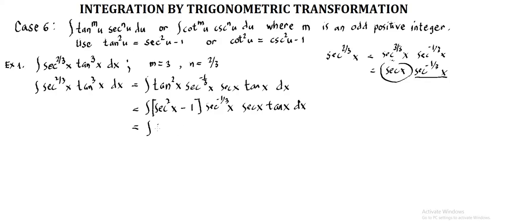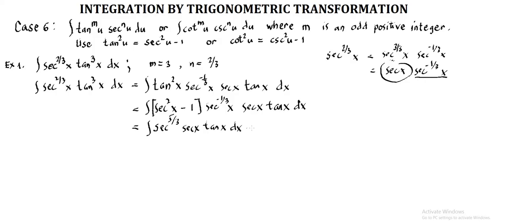So, magkakaroon tayo ng secant raised to 5 over 3, and then times secant x, tangent x, dx.